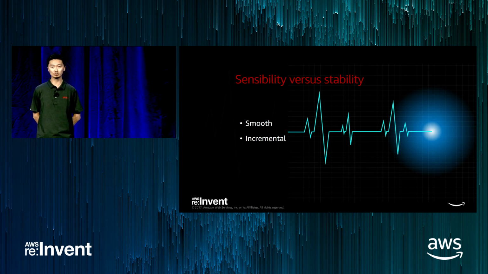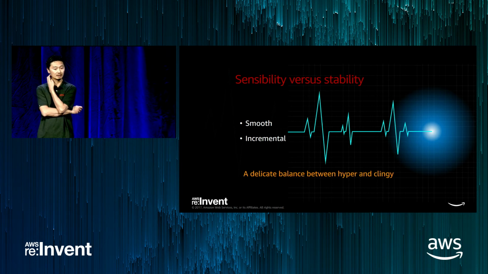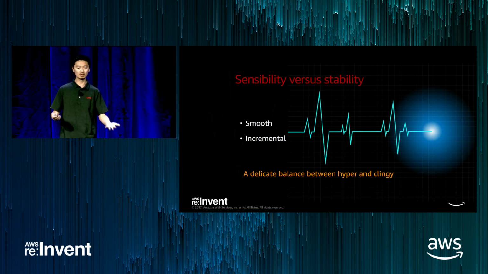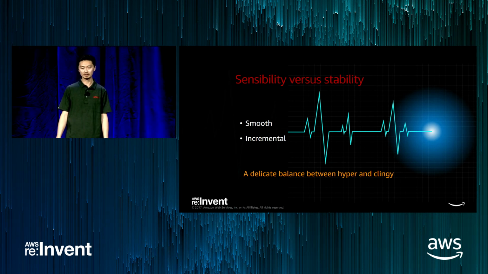Is it helping? Do we need more? So being incremental really helps us to scale more accurately, in fact, without having to be overly precise. So this is a very difficult game, scaling up and down in a delicate balance.